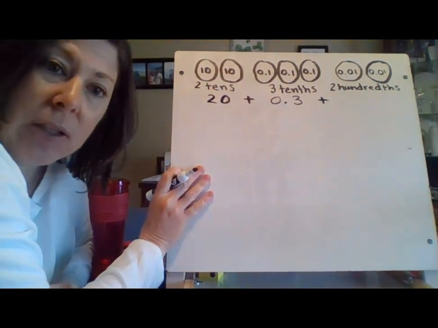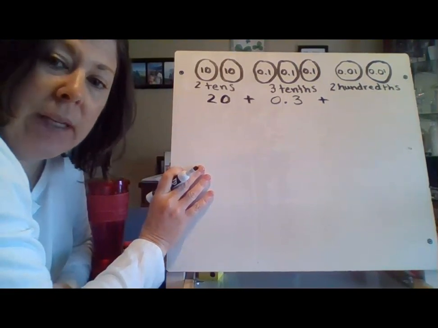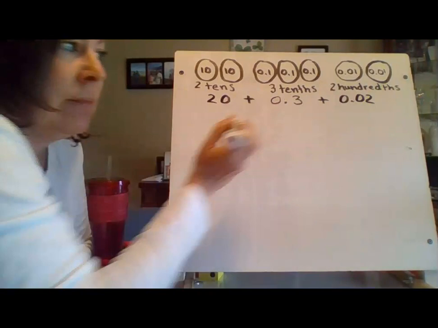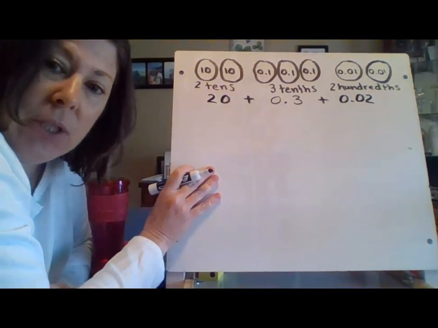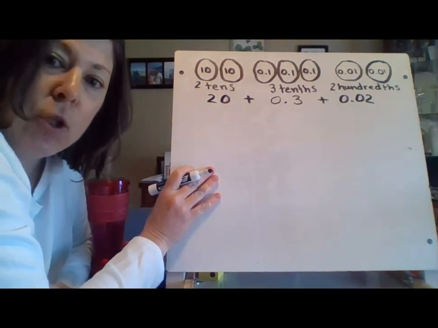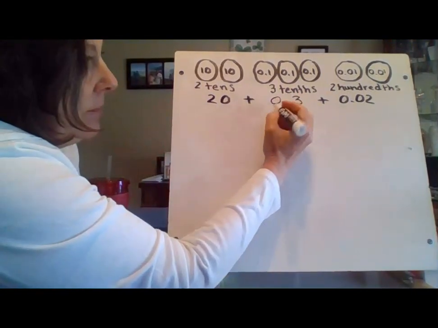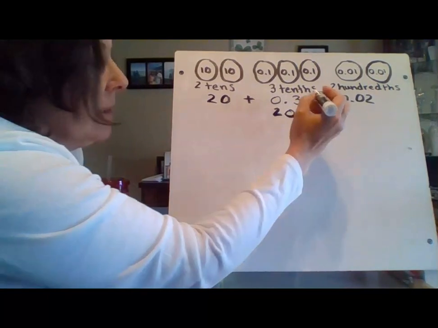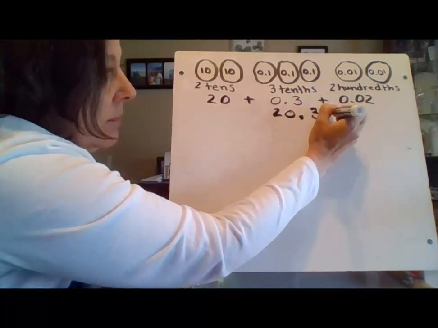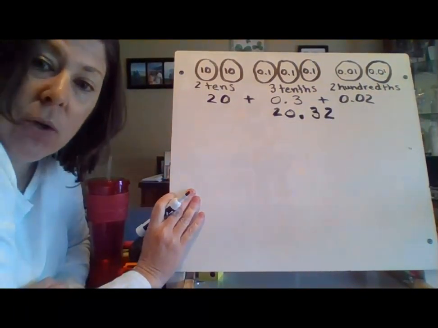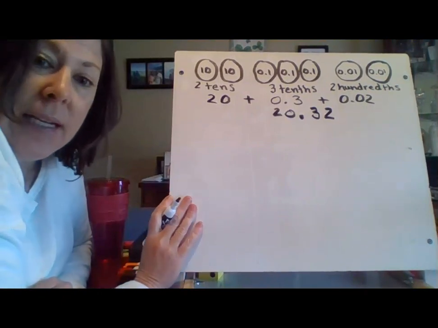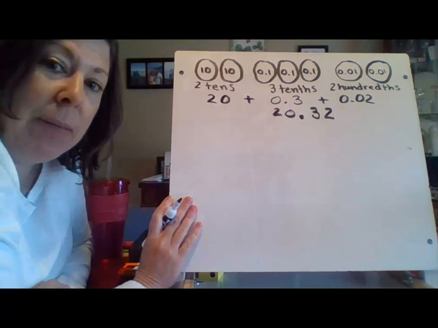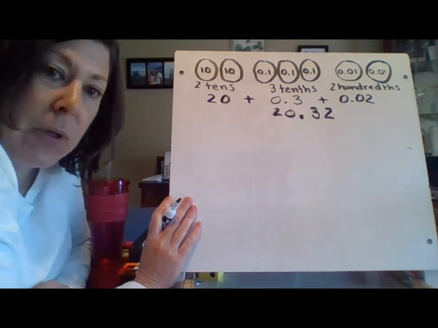And the last value I have is 2 hundredths. 0.02. So I have 20 and 32 hundredths.